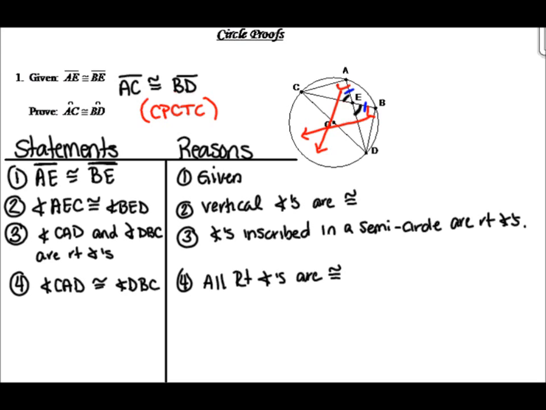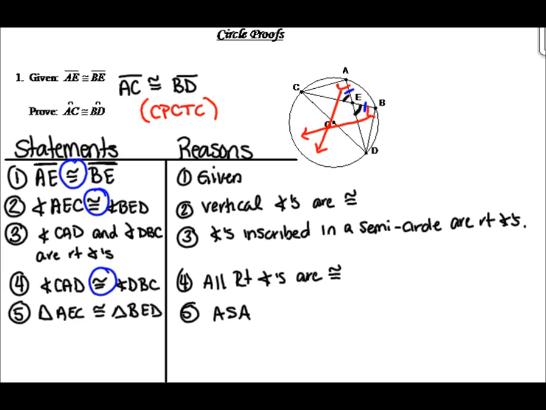We now have our three congruency statements, which means I can now write my triangle congruency, which states triangle AEC is congruent to triangle BED because of angle side angle.